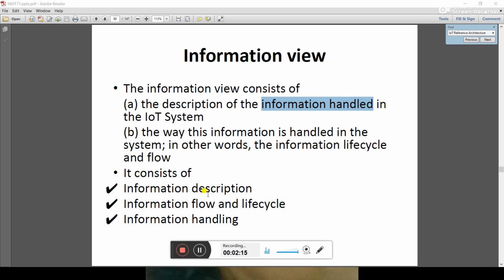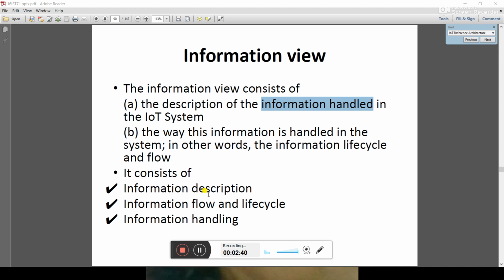There are many users who want this information, and we can use it to provide some useful things to the users, and it can be used in a commercial way also. So we should use the information in such a way, right? Another thing which is important here is information handling.